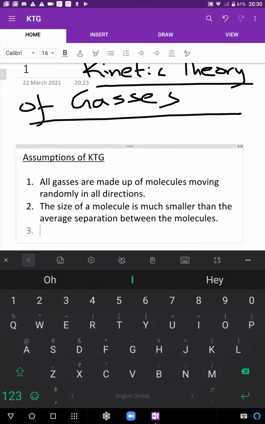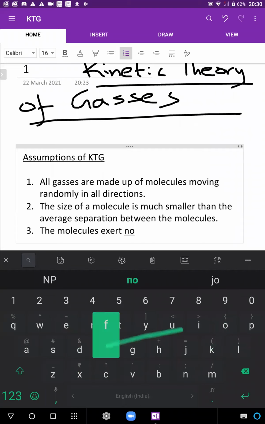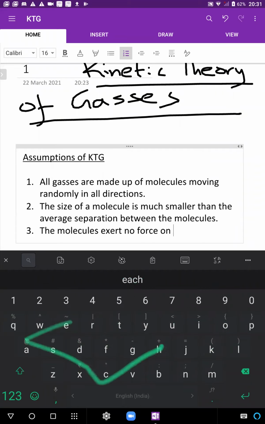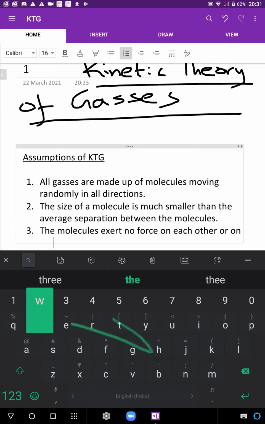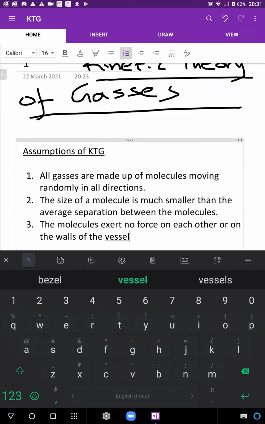The third one is the molecules exert no force on each other, or on the walls of the vessel, except during collision.